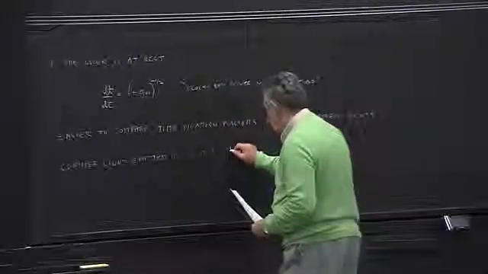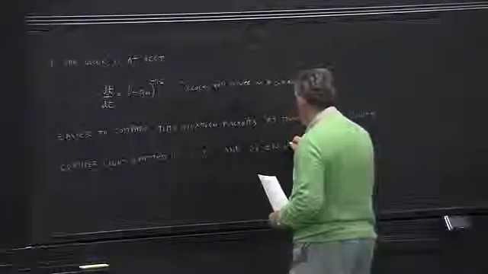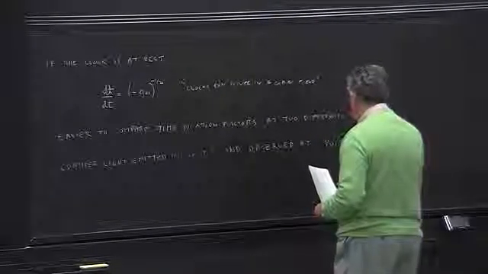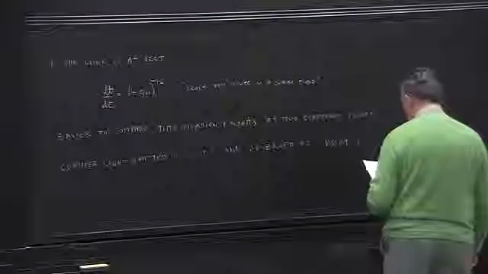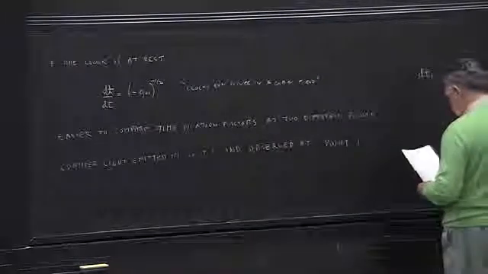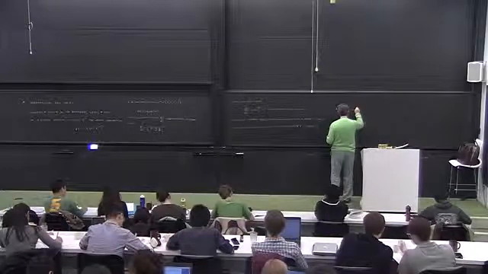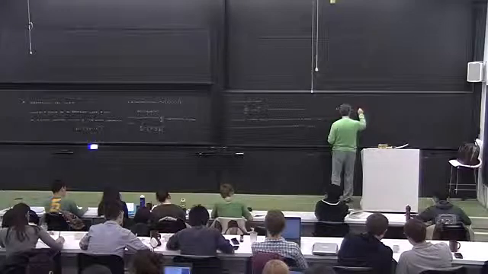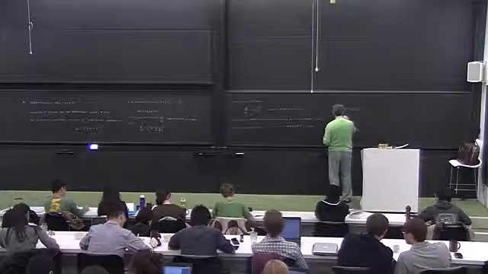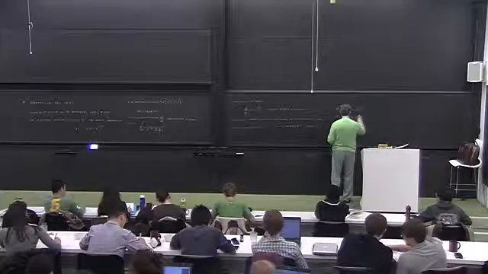Sorry, it's a bit damp, this board. So dt1 equals d tau times minus g naught naught of x1 to the minus a half, and dt2 is d tau times minus g naught naught of x2 to the minus a half.